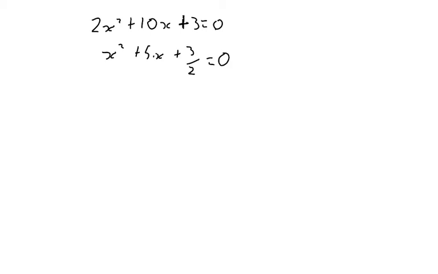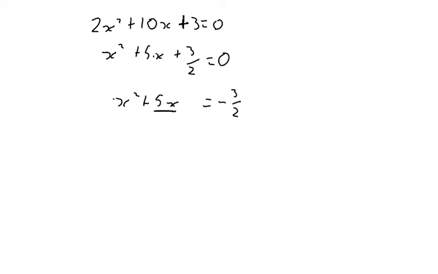So our next step would be x squared plus 5x equals negative 3 over 2. Okay, now we're completing the square, so that means our bx term, which in this case is 5x, we halve that.